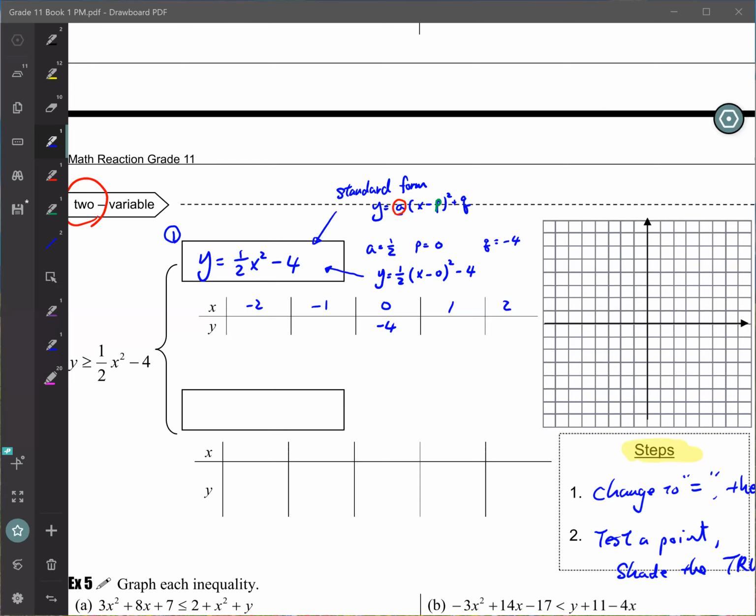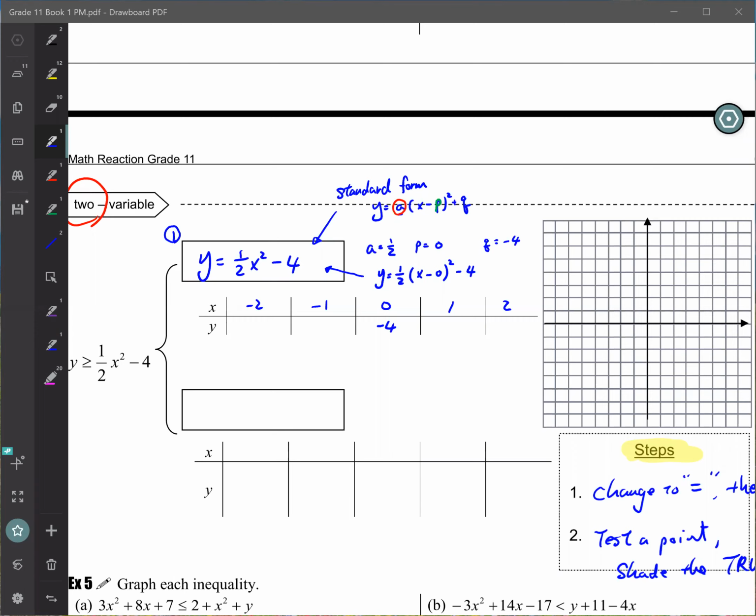Okay, so 4 of you finished. Let's check the graph. Hello, Jiawen. Hi, what happened? I was trying to call you. Oh, it kicked me out.